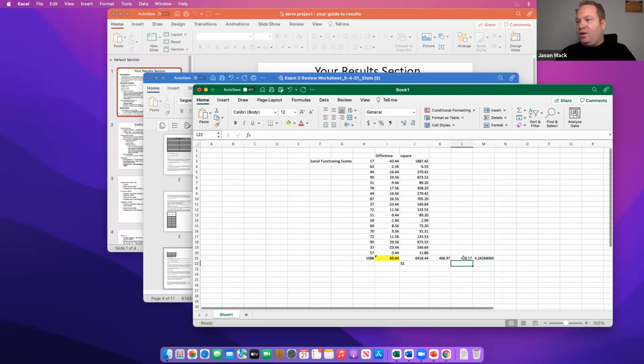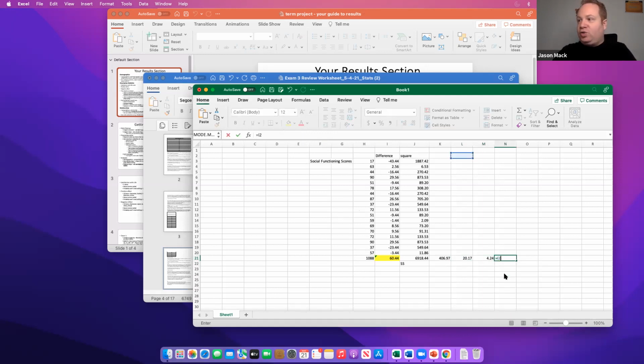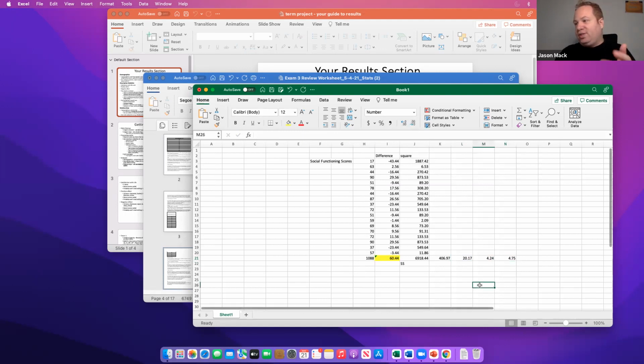So then we're going to take this number and divide it by that number, because that is literally our square root of 18. So 20.17 divided by 4.24. So that's going to be equal to, this is L21, that divided by M21, that one. And we're going to get a very similar number because, like I said, our data happens to be similar. So we'll make that again, so 4.75.